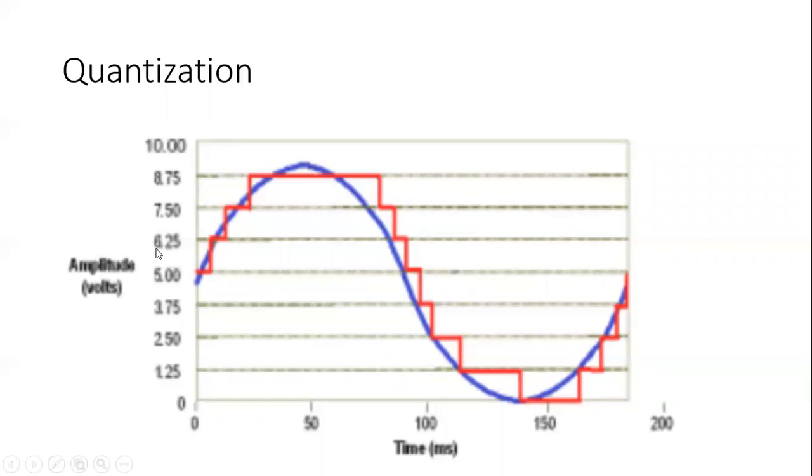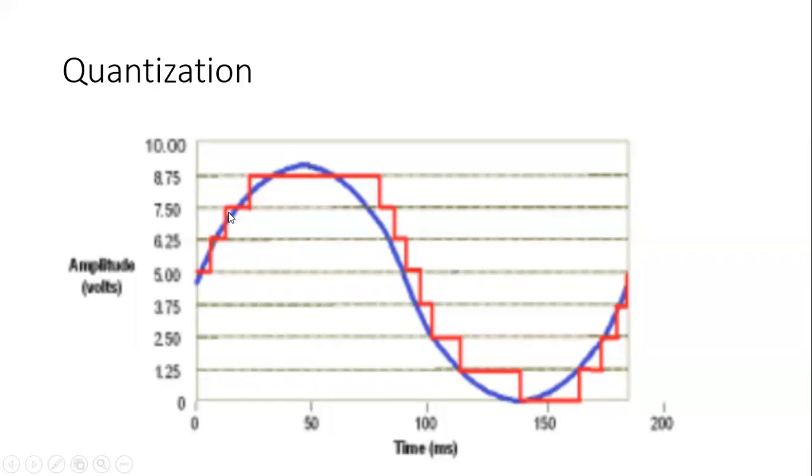Here at this particular point, some part of the signal is less than 7.5 and some part is greater than 7.5. Depending upon the position where the quantization has happened, we have fixed the entire less-than-7.5 and greater-than-7.5 part as 7.5, right?